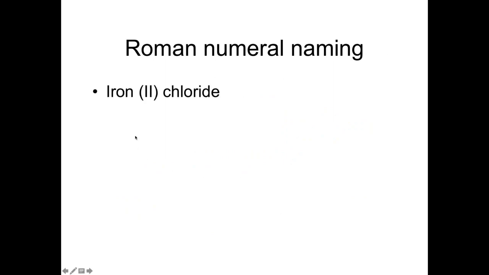So for instance, you can have iron 2 chloride. Iron 2 chloride is going to be Fe2+, because the 2 represents the charge it has. Chlorine will always be Cl1-, so when we crisscross that, we're going to get FeCl2.